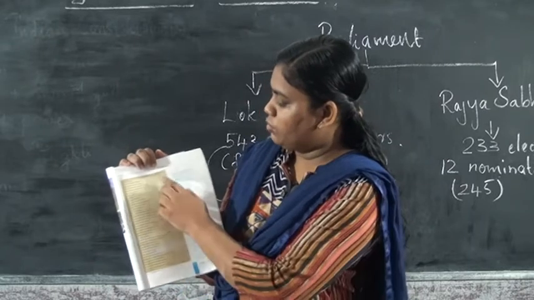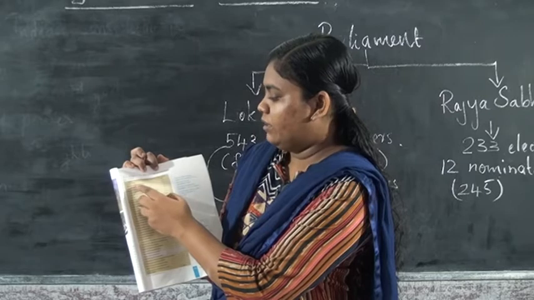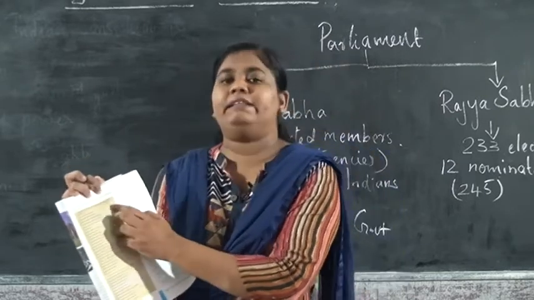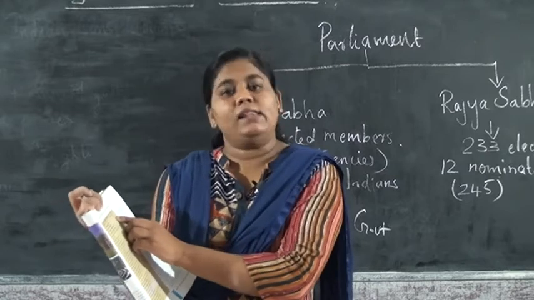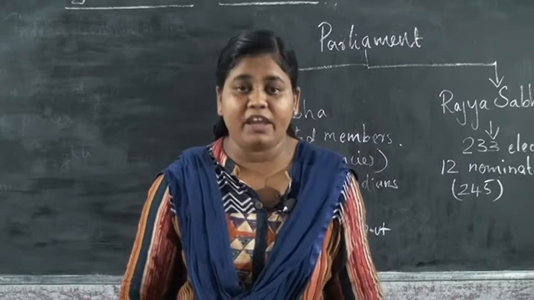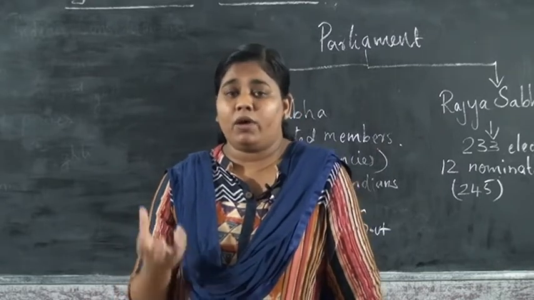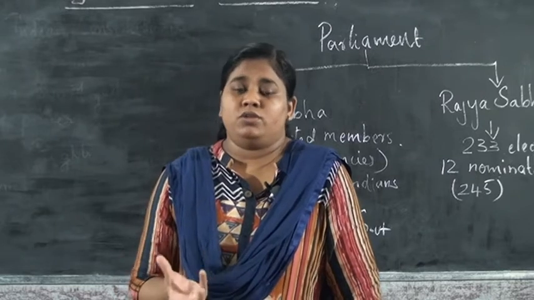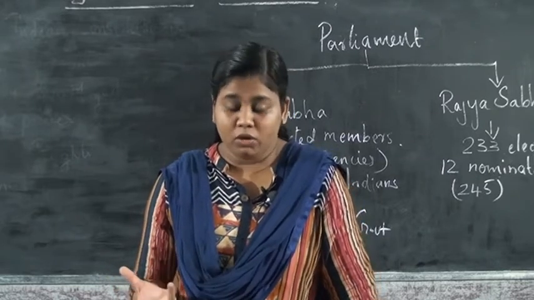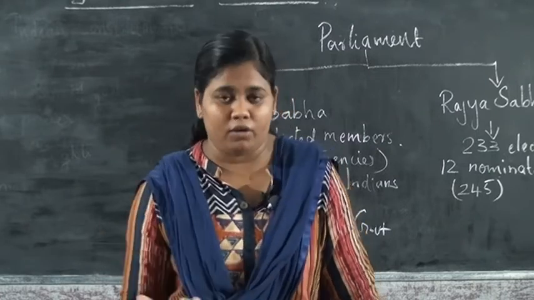In the 2019 elections, the Bharatiya Janata Party or BJP got 303 seats in Lok Sabha. How many seats are required to form a government? 272 or more. So they got more than enough to make a government.